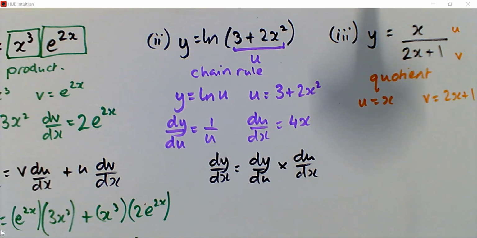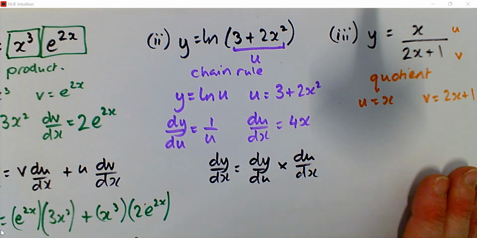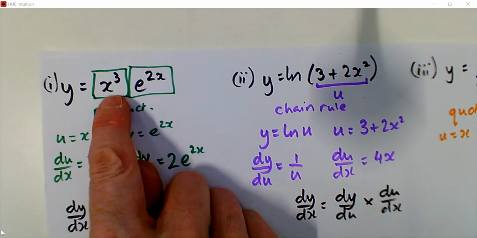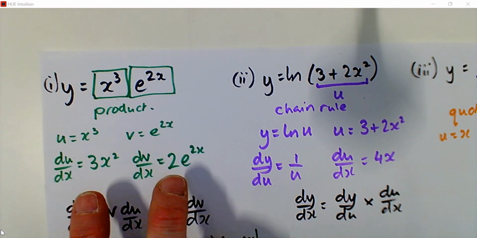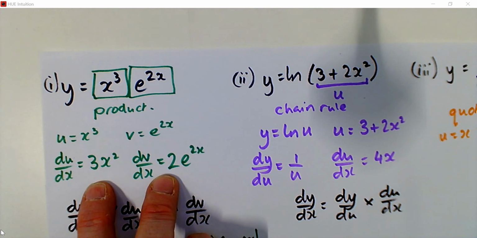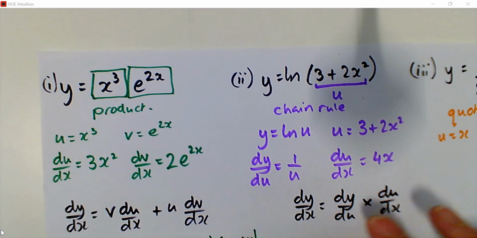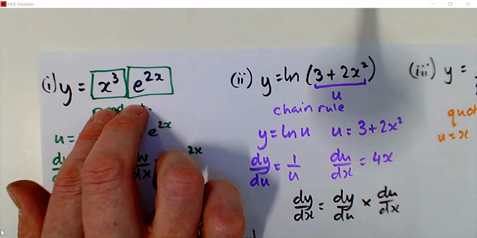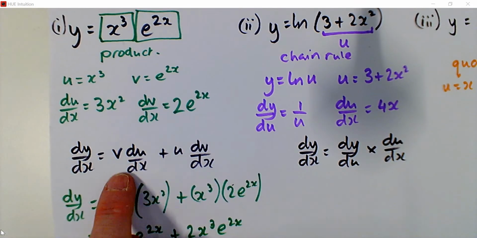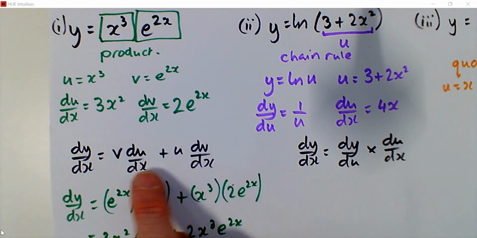You need to be super duper careful that when you have a product, you don't just differentiate those two and multiply them together. That does not work. So do not mix up the product rule with the chain rule. The product rule deals with the product, but in its formula you've got this addition.